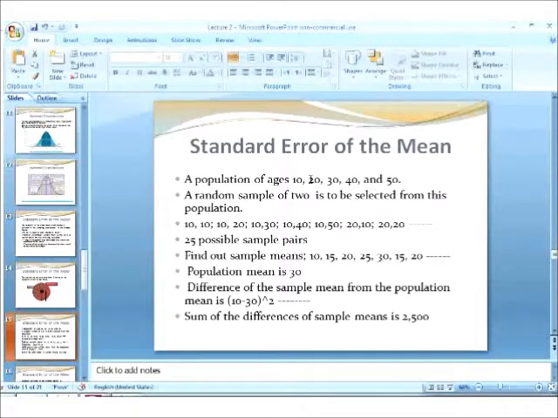I drew different samples of 2 people of different ages out of it. So 10,10; 10,20; 10,30; 10,40; 10,50. Then 20,10; 20,20; 20,30; 20,40; and 20,50. So we drew different samples out of this population. That gives me 25 possible sample pairs.